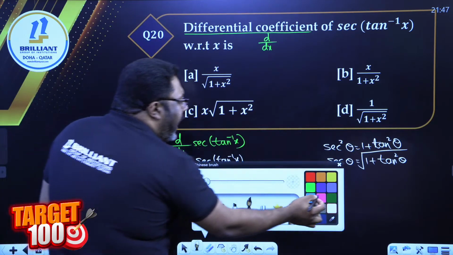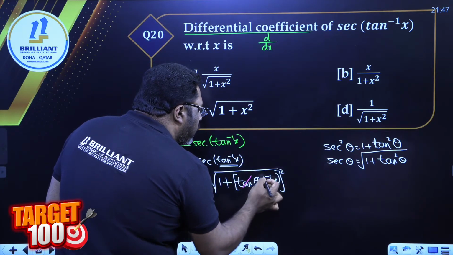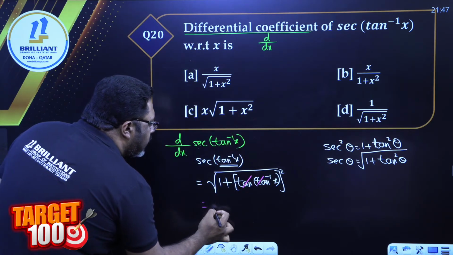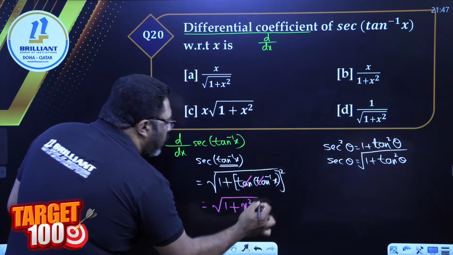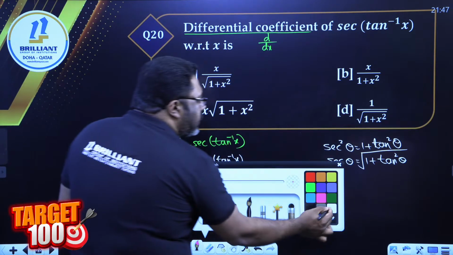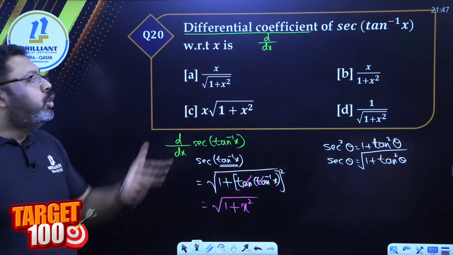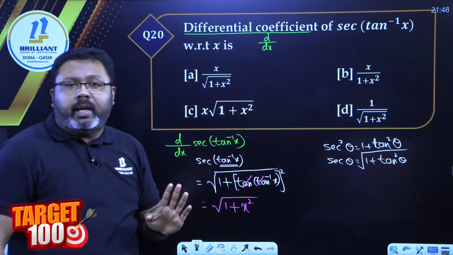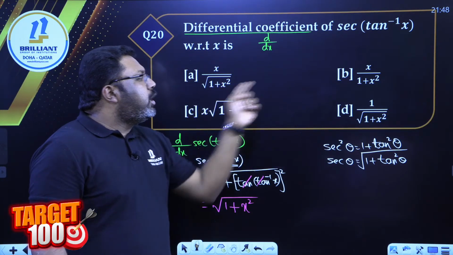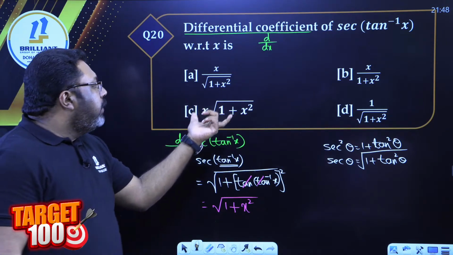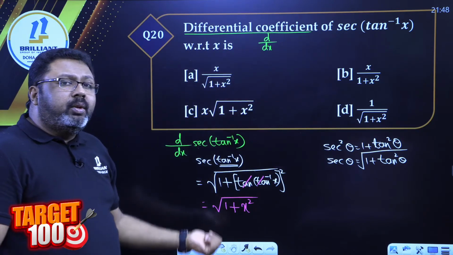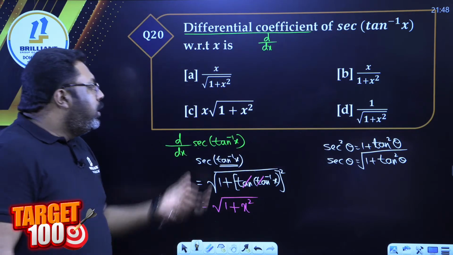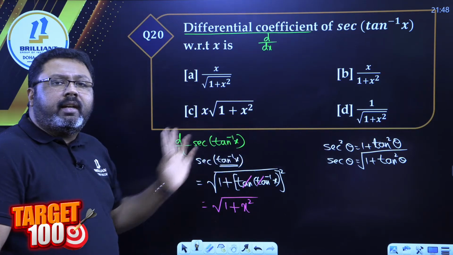Now do you see that tan and tan inverse cancel, and you can see it's root of 1 plus x squared. Get the derivative of this. Do not start the derivative right away, because my options are talking about the derivative forms only in terms of x. Doing this may be complicated, but do it in the beginning. Get rid of sec and tan inverse.